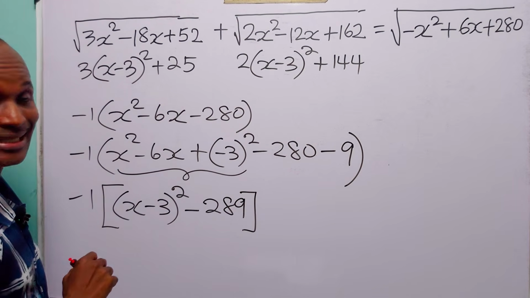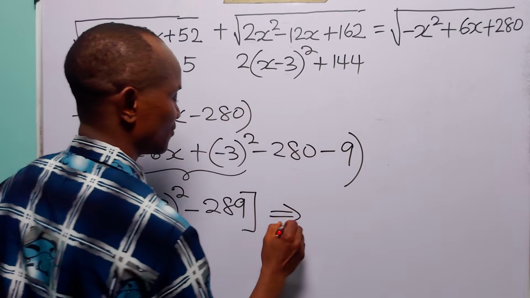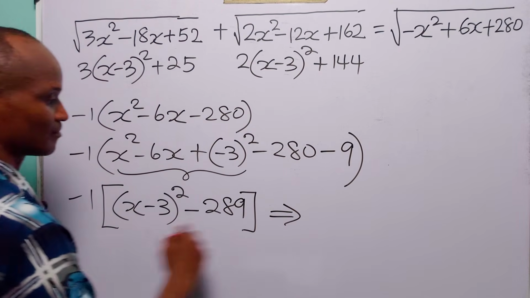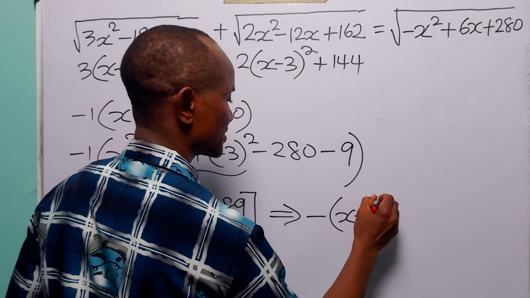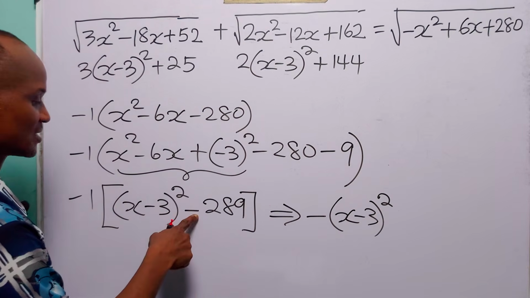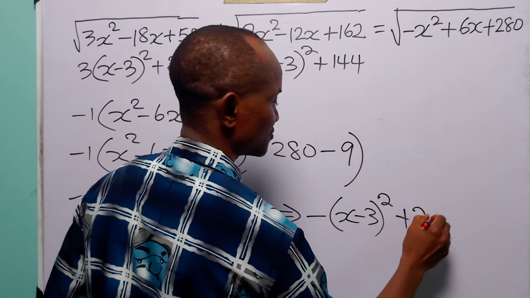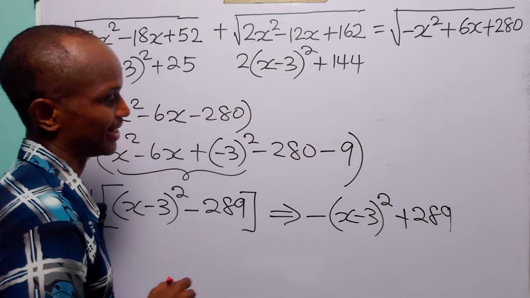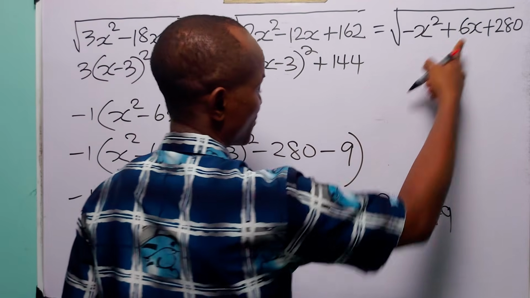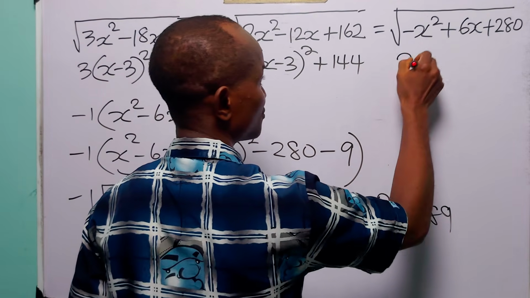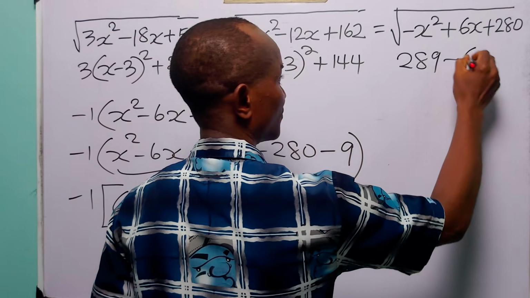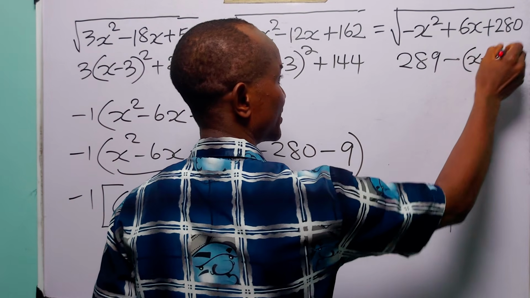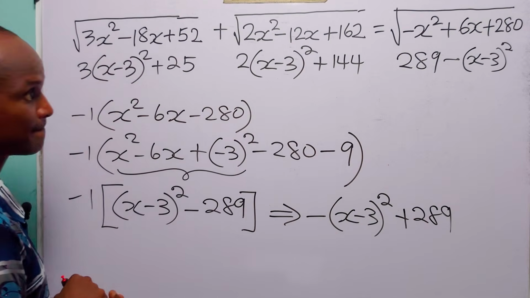Now, opening the large bracket, we have minus x minus 3 squared. Minus minus is plus 289. So, under the third square root, we have 289 minus x minus 3 squared.